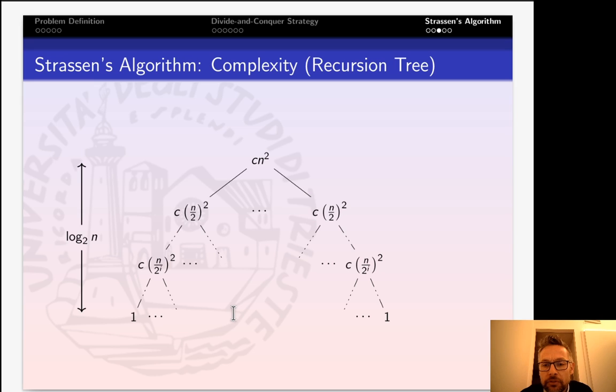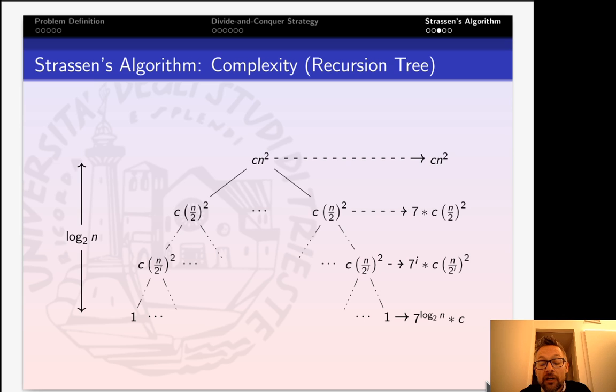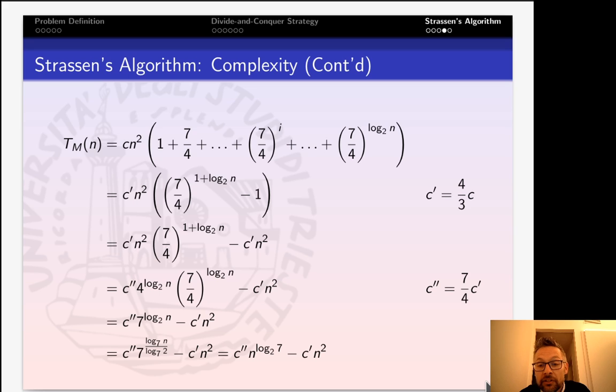Sorry, I just noticed that the leaves are labeled by 1, and they should be labeled by C. But I will fix the problem for the next lesson. And if we compute the complexity by level, as we did for the divide and conquer algorithm, we notice that now the complexity is this one. You can see it in the last part of the slides.